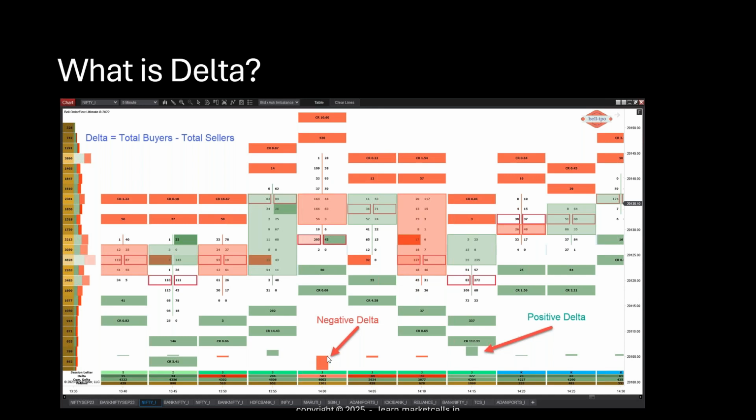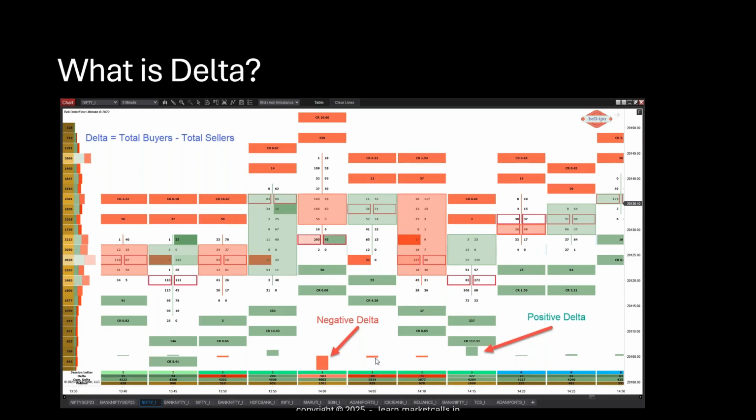So if the delta is negative, you can see the negative delta minus 503, that's the number here, which means sellers are strongly in control. Whereas if the delta is positive, that means in that specific candle, more buyers participated, more buy market orders participated compared to sell market orders, which is pretty much visible.